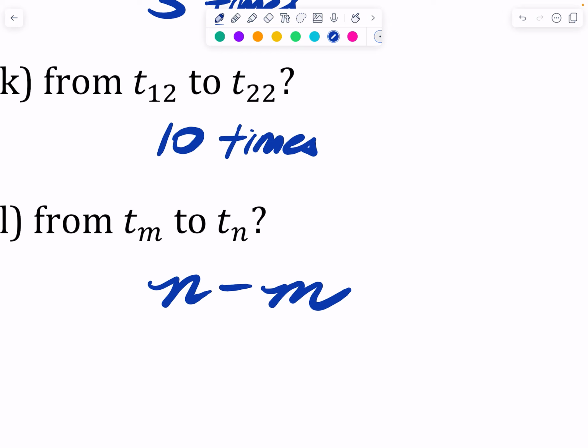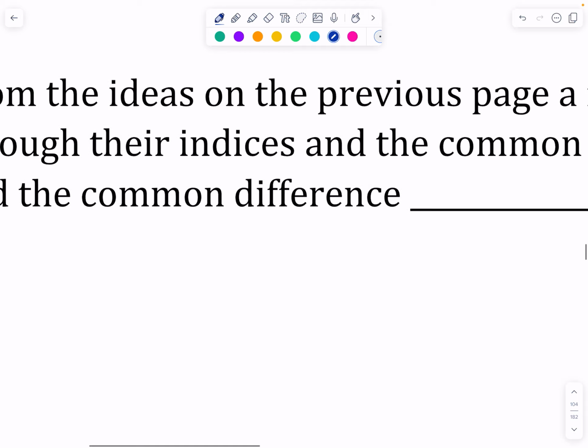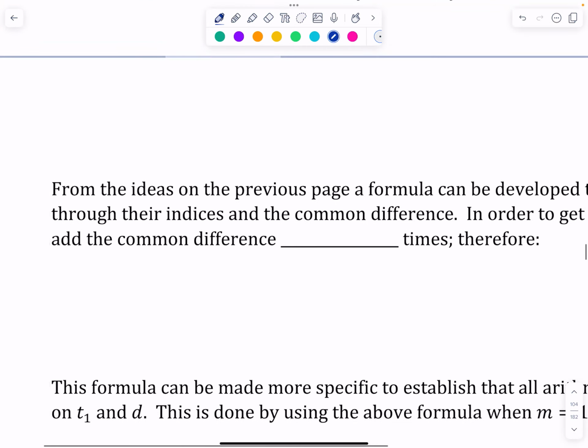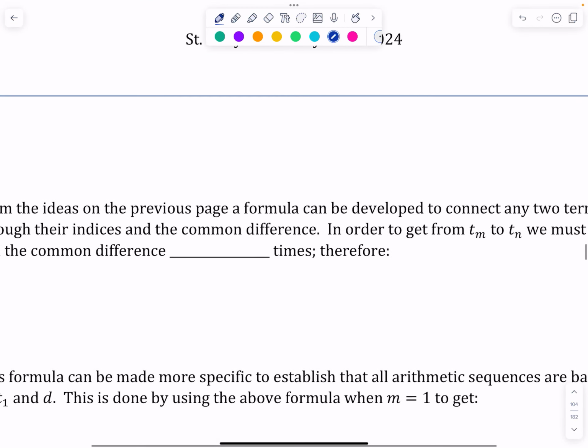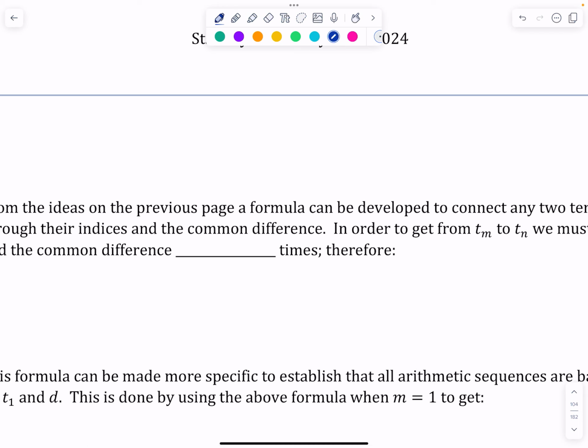Because the number of times we add the difference to one term to get another term is defined by how far apart those terms are, we can say some stuff. To get from term m to term n, we must add the common difference n minus m times. That's what we said on the last page.